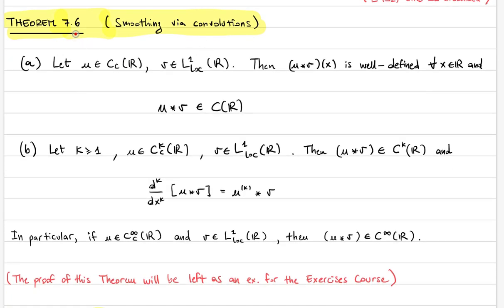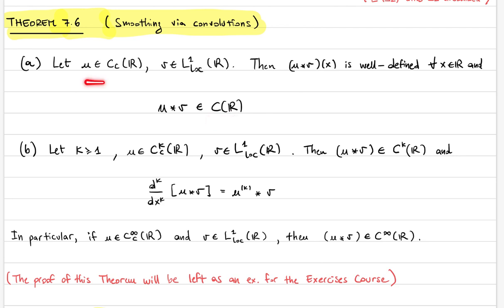And so we come to this theorem, which is the main reason why we introduce convolutions, for their smoothing effect, as I was saying. Point A says that if u is continuous and compactly supported in R, and v belongs to L1 loc of R, then the convolution between u and v is well defined for each x in R, and also the convolution belongs to the continuous functions.